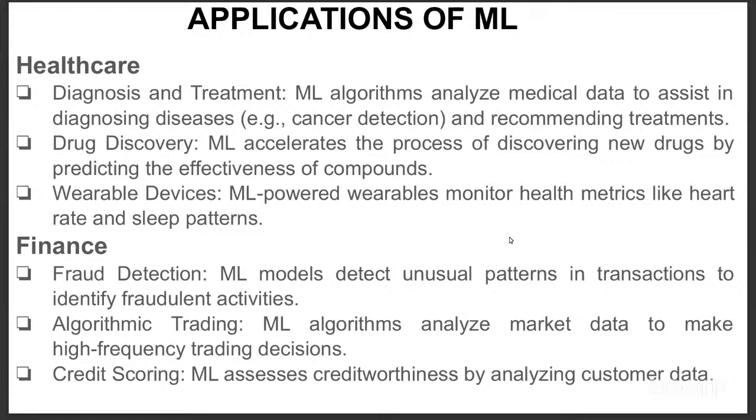Next, drug discovery. When COVID came, we did not have any drug or medicine for COVID. But because of computation power and the machine learning algorithms we have, within 1 year or 6 months the drug was discovered and everyone could get vaccinated because of the algorithm. Every time it takes years to create a drug because it should be tested initially on rats, and they have to see the behavior and side effects.